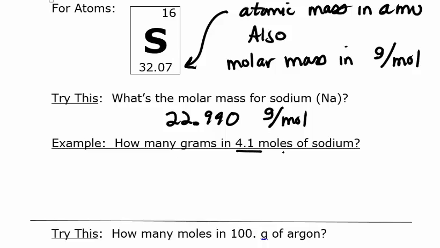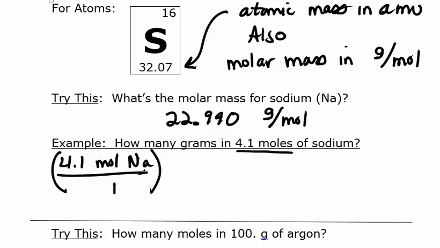So we'll take the number we're given, put it over 1, and make sure you don't confuse this atomic symbol for sodium with the NA we used for Avogadro's number, where the A was a capital A. All right, the molar mass for sodium is 22.990 grams per mole.